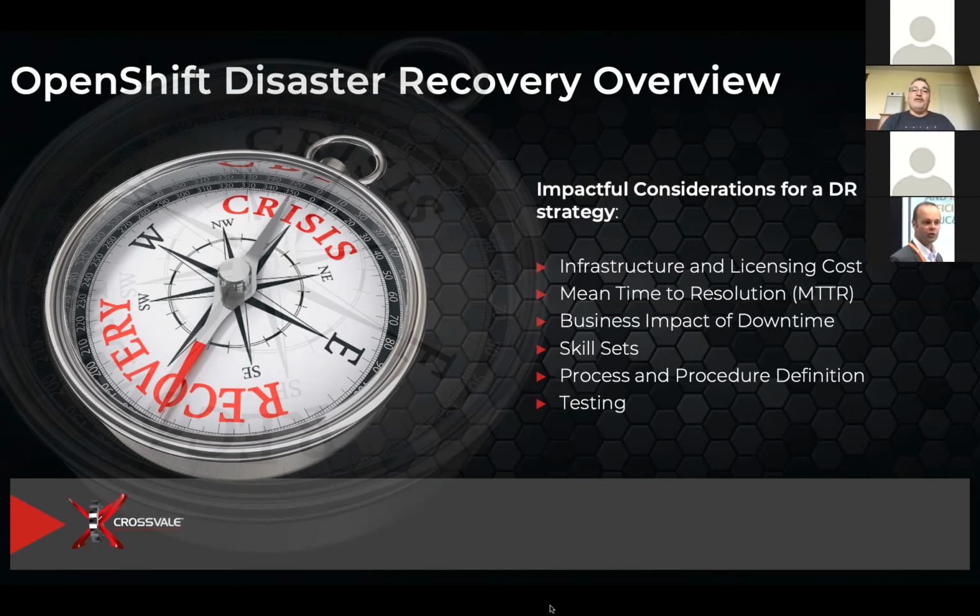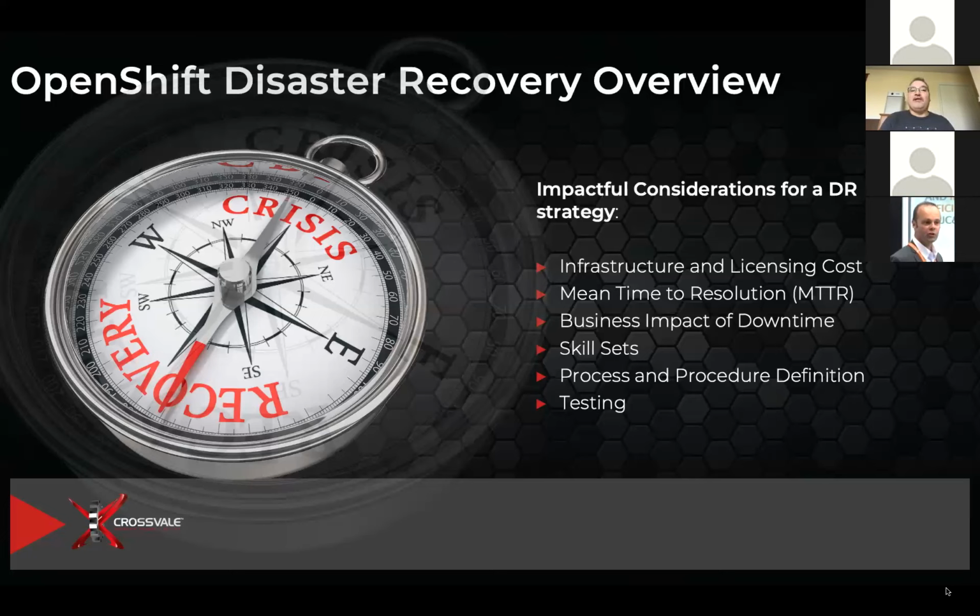Just to start out with, let's talk about some of the bullet points on this particular slide. There are a number of things that you need to consider when adopting a DR strategy, and we've broken them down into essentially a tier list. All of the items here are things you have to consider when you are making choices around what your time to recovery is, how much you want to spend on that, and who can do it.